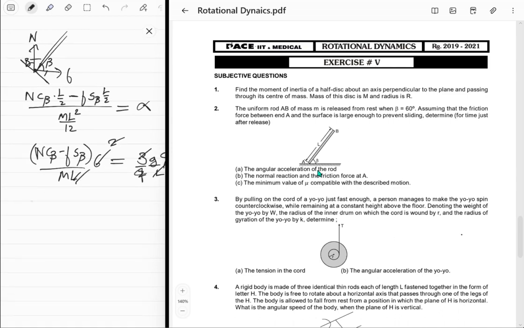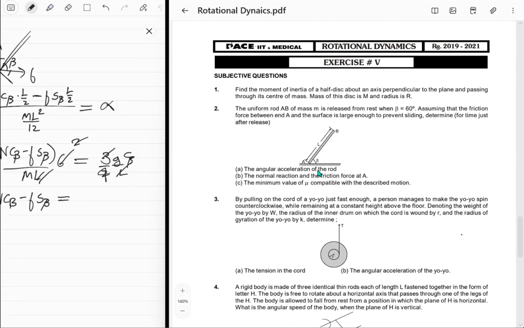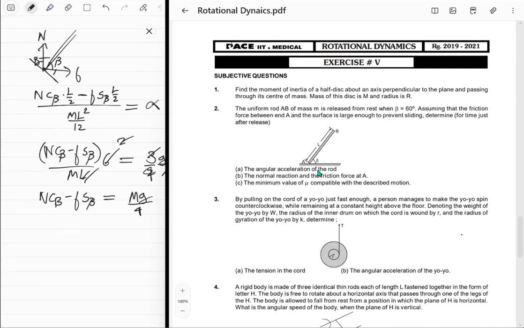So this is just N cosine beta minus F sine beta is equal to mg upon 4. Yeah, right. We don't like that, it would be better if I could change this a bit.